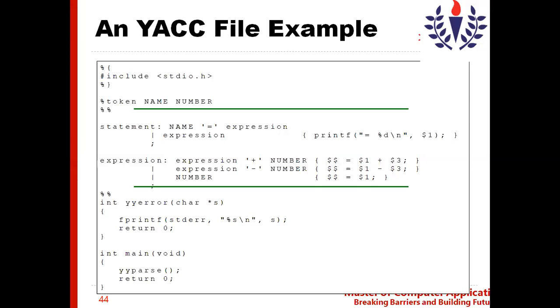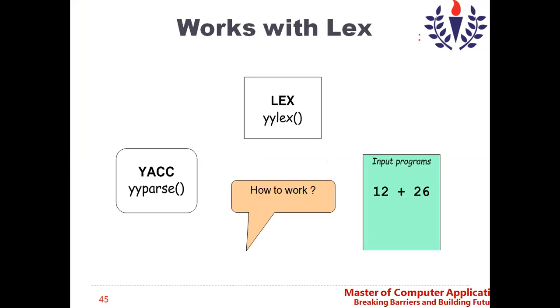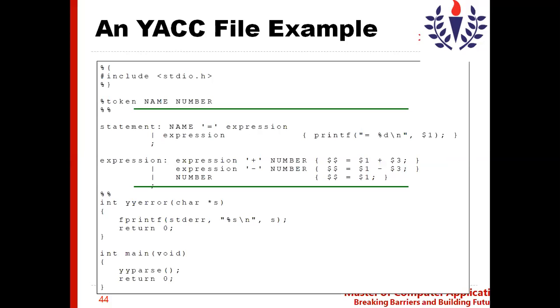So we take the second grammar, expression plus. Then the next is 26. 26 can be accepted by 0 to 9 plus, so it returns the token as number. So now you have expression plus number.